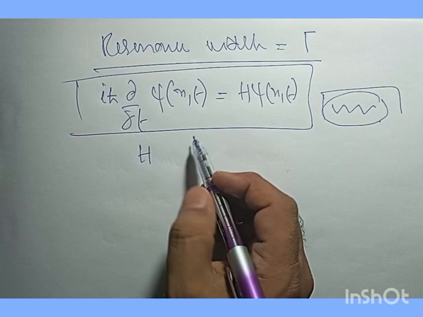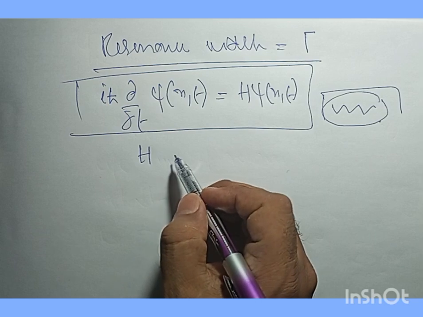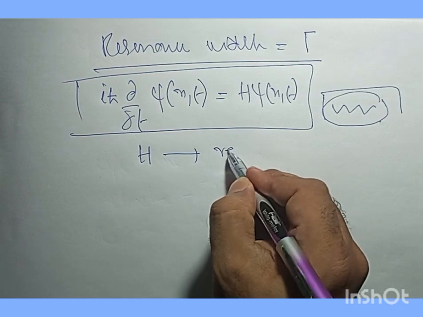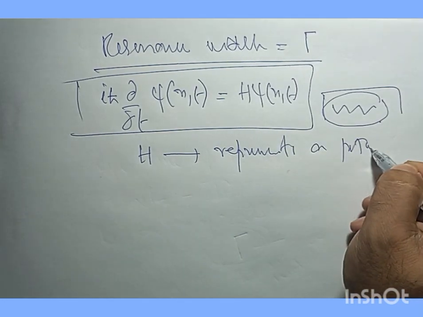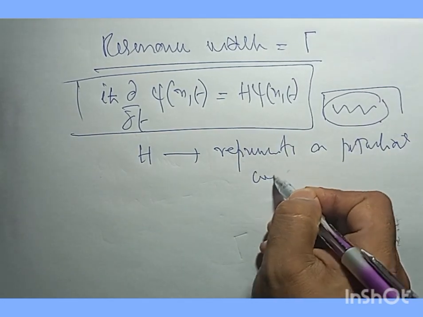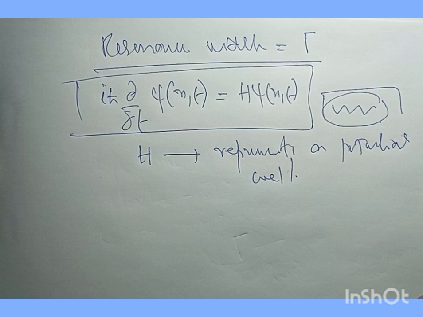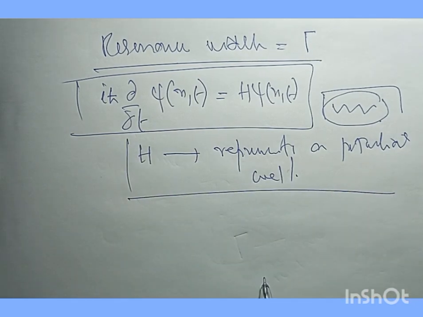And in the context of resonance scattering, this H typically represents a potential well, or you can also say a barrier that can trap a particle or a wave for some finite time. That is the representation of this Hamiltonian.